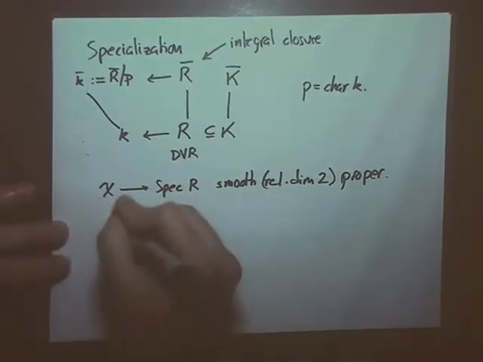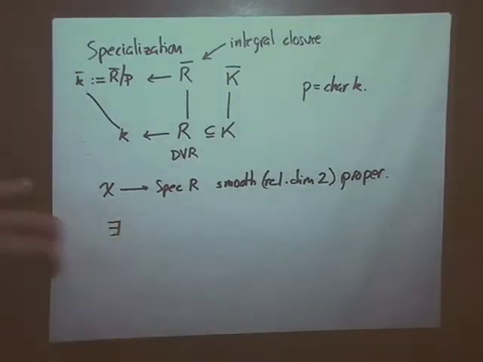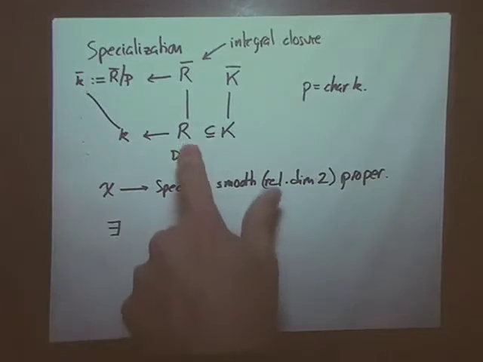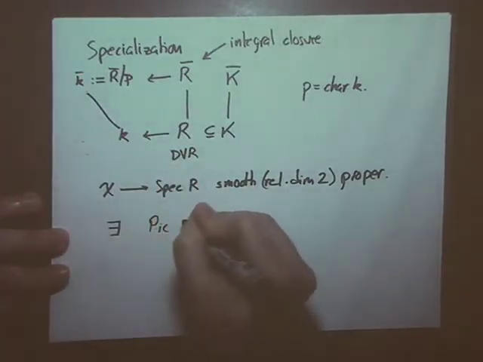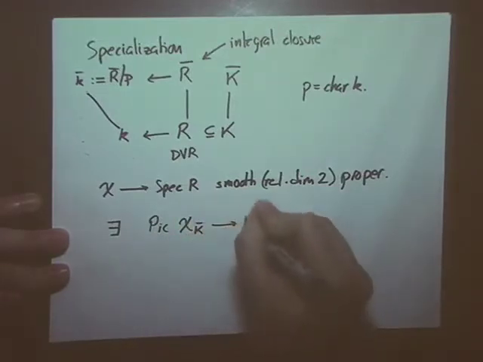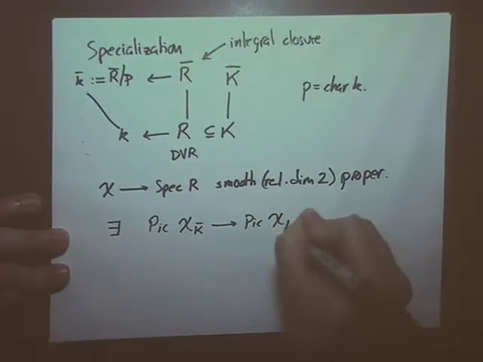So the idea is that with this setup, which is reminiscent of exactly this one, where I've replaced this R_P with my R, there's actually a map that goes from Pic X_K bar to Pic X_k bar.